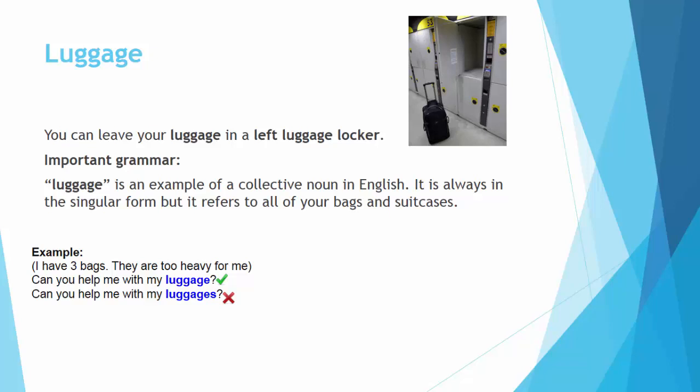Example: I have 3 bags. They are too heavy for me. Can you help me with my luggage? It's good. Can you help me with my luggages? It's not good, it's bad, as you see.